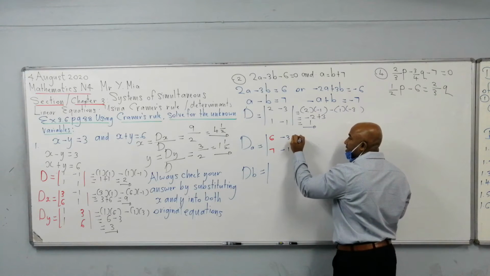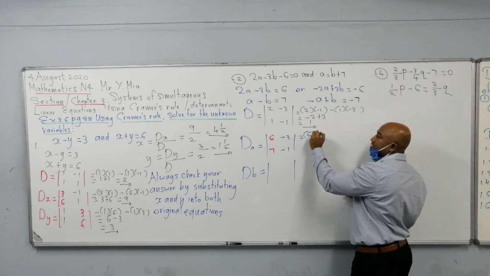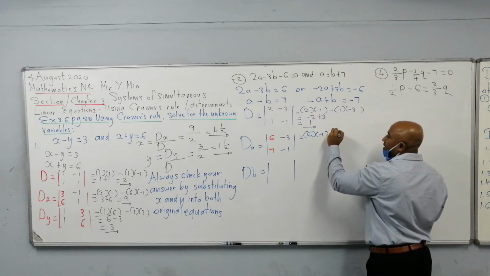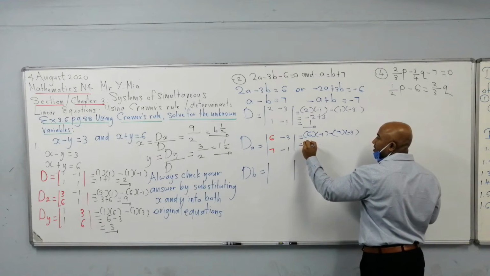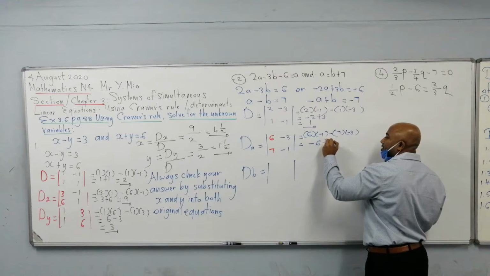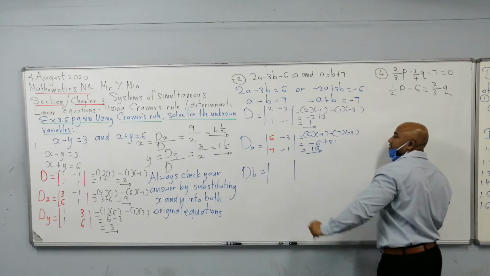Now evaluate. So that's going to be 6 times minus 1, put down a minus sign, and then it's 7 times minus 3. So you get minus 6, and negative times a negative is a positive, 21. So 21 minus 6 is 15.